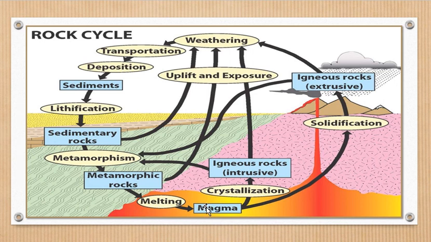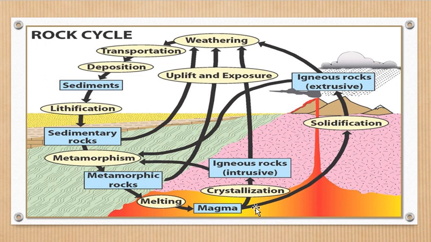We know already that magma is the hot material within the earth or inside the volcano. So when the magma within the earth crystallizes or hardens, it forms igneous rocks, right? And then the igneous rocks can also undergo weathering, the same process, a cycle.